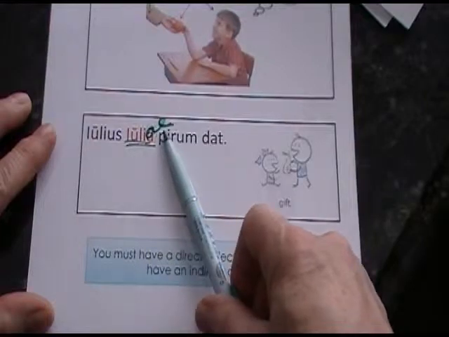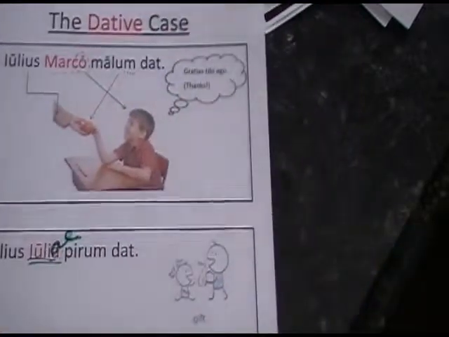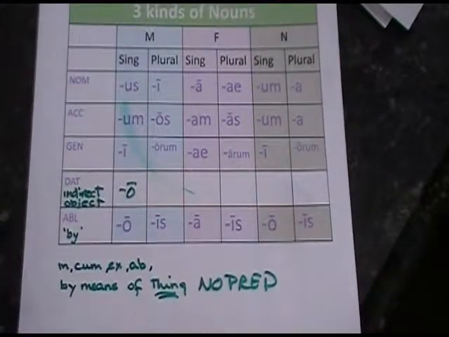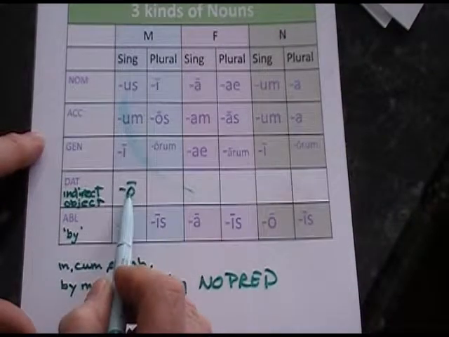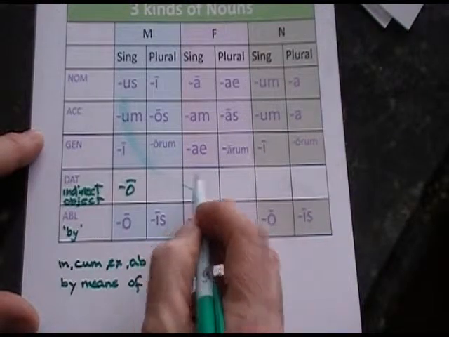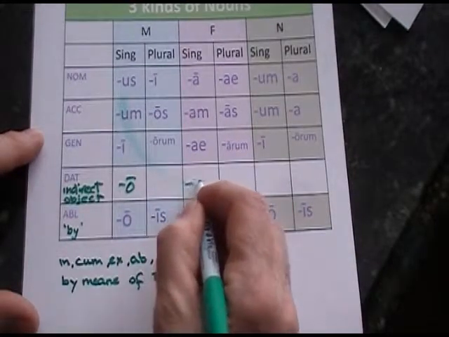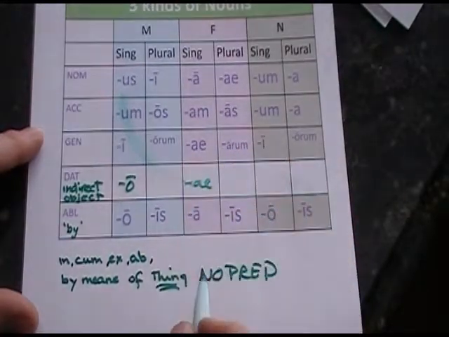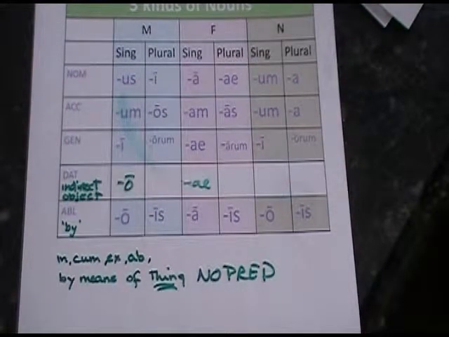So this should be Juliae. Julius does give a pear to Julia.